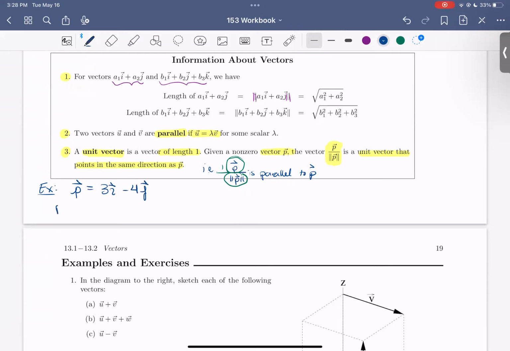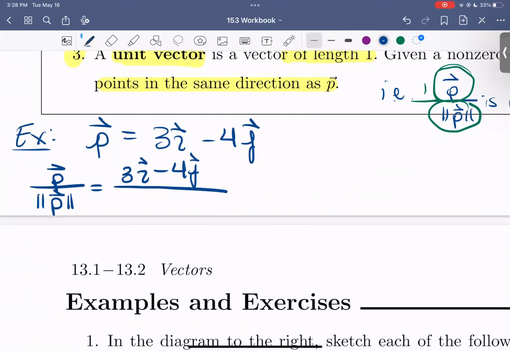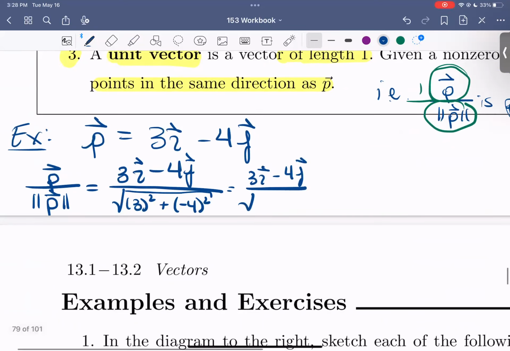Now let's compute the vector p divided by the length of p. So what would that look like? Well, p is just 3i minus 4j, and then the length or magnitude of p would be the square root of 3 squared plus negative 4 squared, which is 3i minus 4j over the square root of 9 plus 16. 3 squared is 9, 4 squared is 16, so 9 plus 16 is 25.